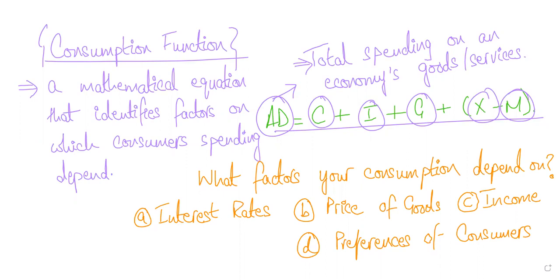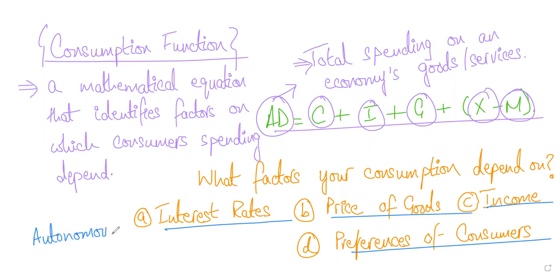Now we will divide all of these factors into categories. This is very important, so pay close attention. We'll divide all of these factors into major categories. Your consumption would be either autonomous, so here's the word, autonomous consumption, or induced consumption.